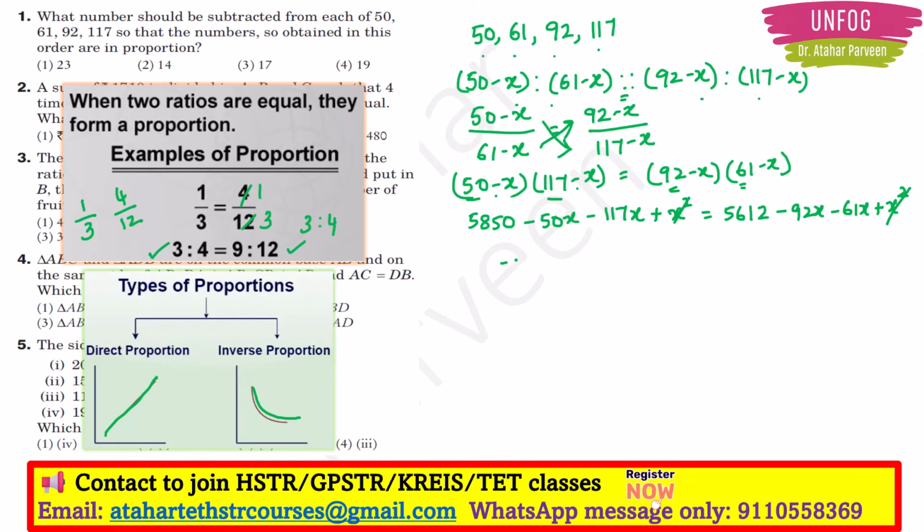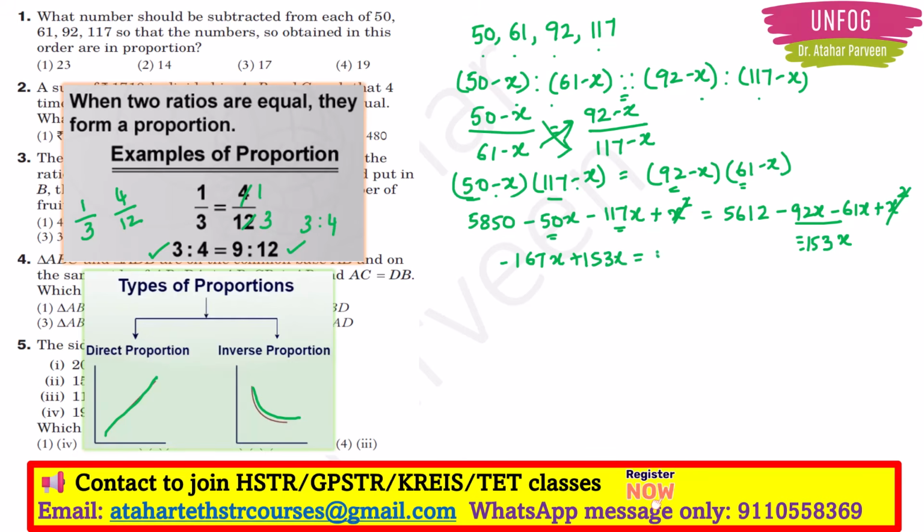Here I have 117x and 50x, so I will have 167x, and if I bring these two also to the left hand side, here it will be 92 and 61, which gives 153x. It is minus here, so I will get plus 153x.